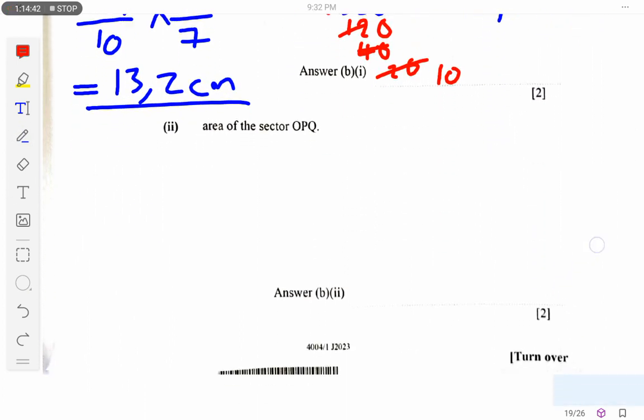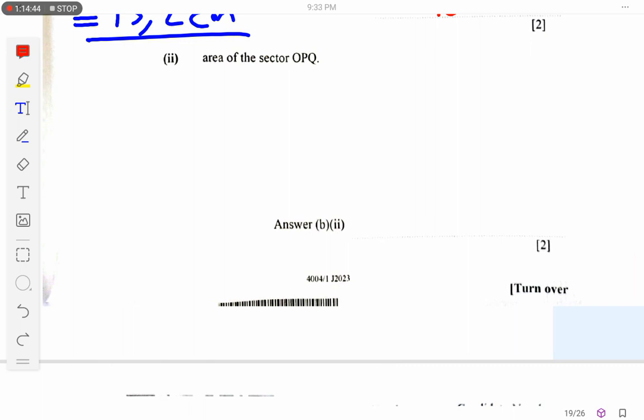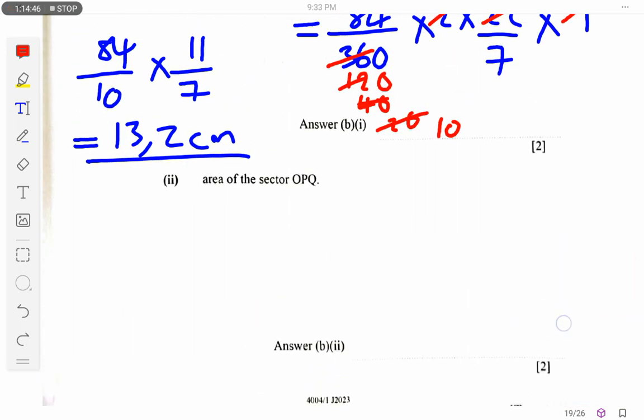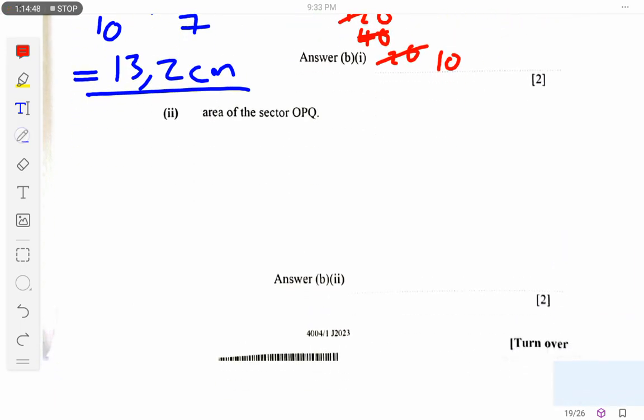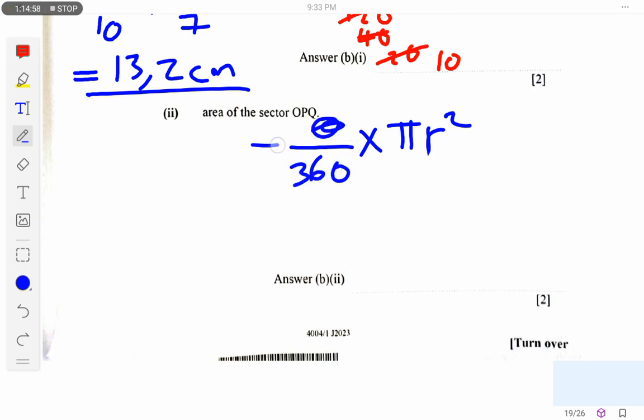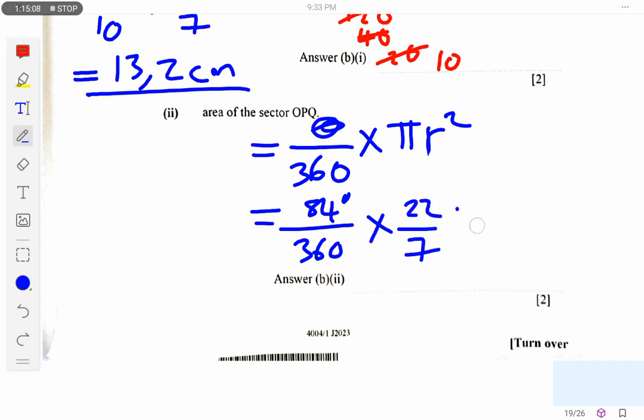The next question is saying area of the sector OPQ. Okay, so you find out area of a sector. Area of a circle is pi r squared, guys. But because we have an angle, we're going to say times theta over 360 degrees. That's where it comes from. Anyway, our theta is 84 degrees over 360 times our pi 22 over 7 times our r 9 squared over 1.